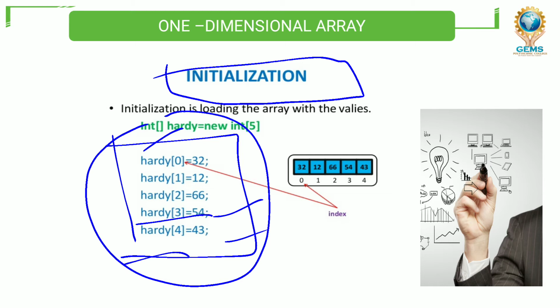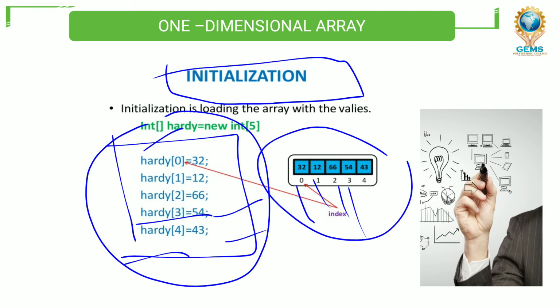So these are the first, second, third and fourth locations. Totally 4 locations are there for these 4 different elements. These elements can be stored in these 4 locations. Here, giving values to the array is called initialization.